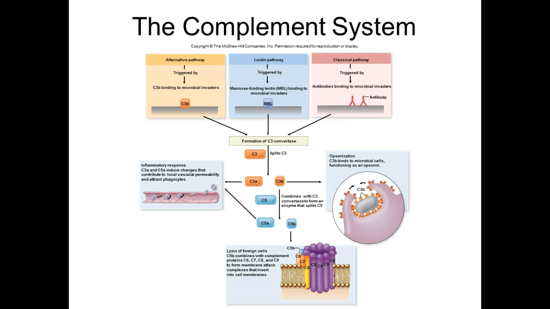But in essence, it's a general reaction to foreign substances that's always there in our body, always on the ready. These are some of the proteins that we talked about that leak into the area during inflammation, when those blood vessels become permeable.